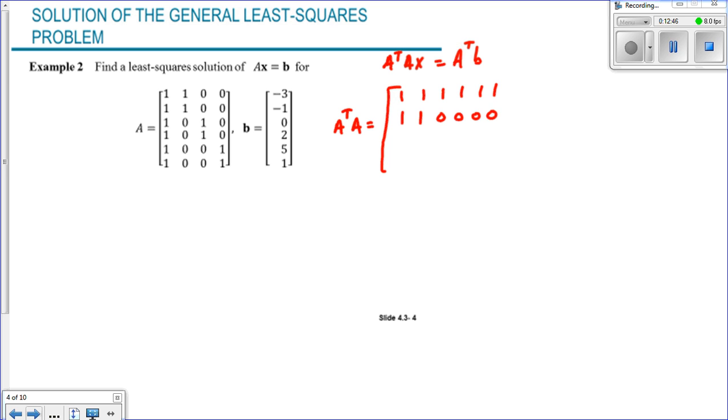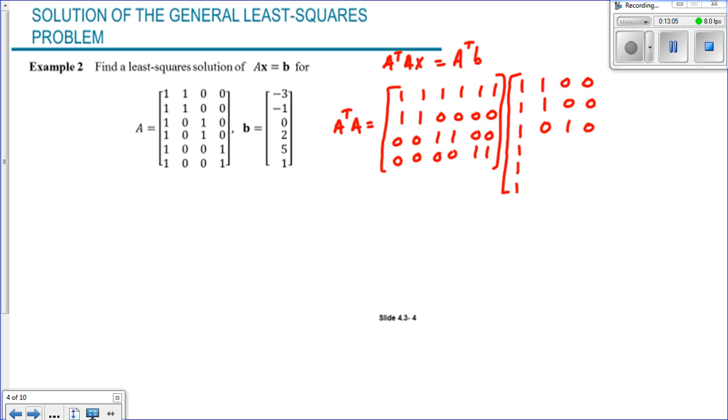So we'll look at forming the normal equations. This is A transpose times A. Okay, so we expect to have a 4 by 4.